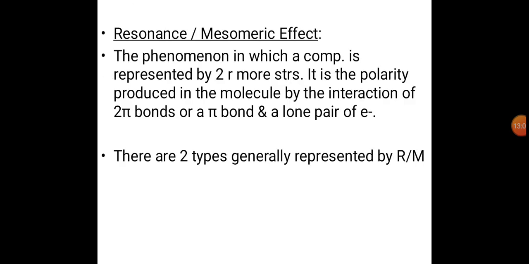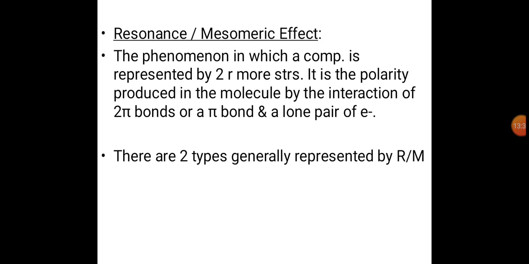So, the next concept is resonance. This resonance is also known as mesomeric effect. It is the phenomenon in which a compound is represented by two or more structures. It is the polarity produced in the molecule by the interaction of two pi bonds or a pi bond and a lone pair of electrons.